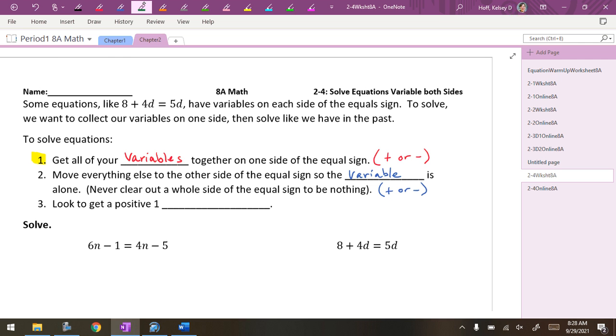Our last step is to look to get a positive one coefficient. C-O-E-F-F-I. Coefficient. C-I-E-N-T. That might be spelled wrong, actually. I'm not sure. This we're going to use multiplication or division.